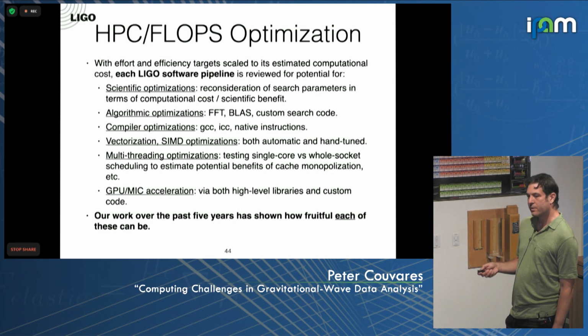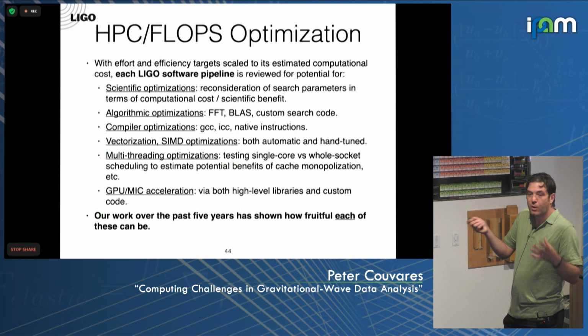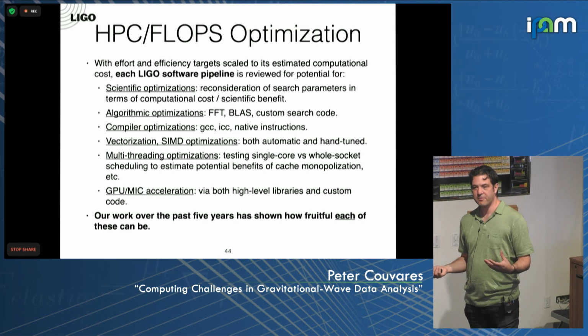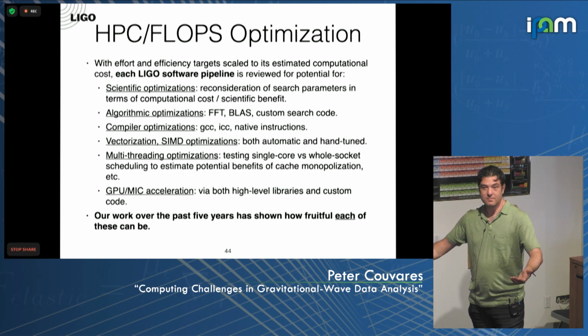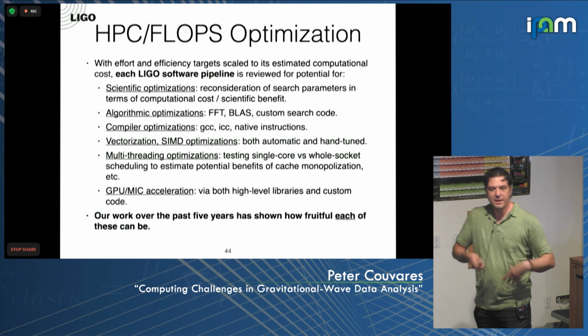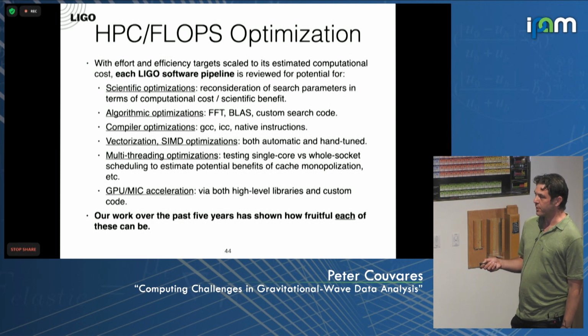If the goal is to do this as efficiently as possible, can we rethink and make some small compromise in the science to have a huge outsized effect on the computation, and get 3 times more resources by being slightly less sensitive in this one case and make it up later? Taking a critical look at some of the scientific assumptions that went into a search can often be more fruitful than just diving in and trying to optimize the code.